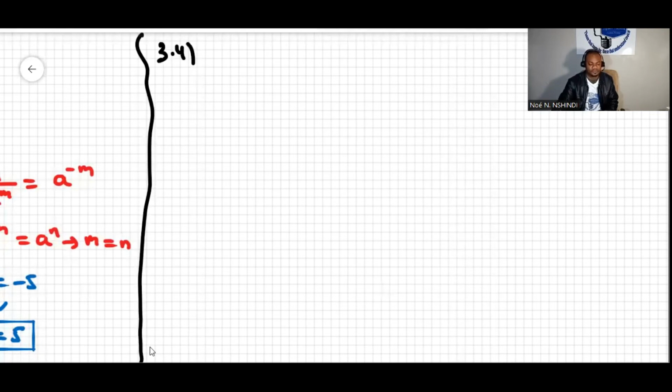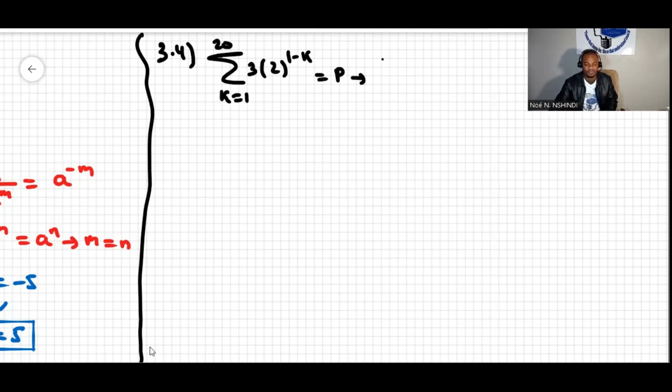This question 3.4 says that if the sum of 3 times 2 to the power of 1 minus k, starting from 1 to 20, equals p, then what is the sum of, not 3 but 24, the sum of 24 times 2 to the negative k, starting from 1 to 20, in terms of p.